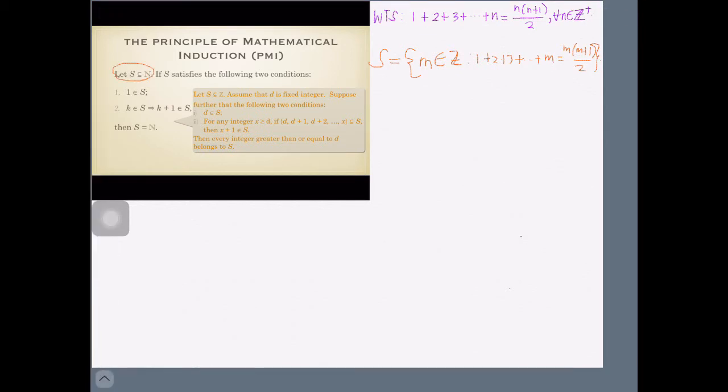Next would be satisfying the two conditions. So let's have the first condition. We have to show that 1 is in S. That means 1 should also satisfy the predicate here. A way to do that would be this.